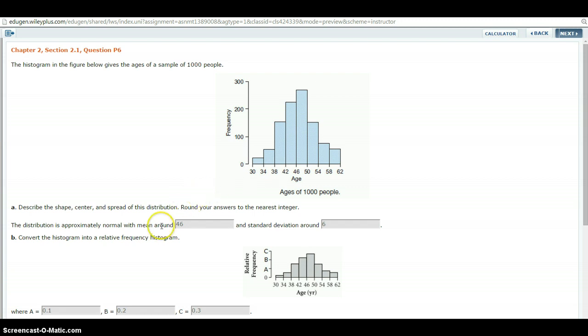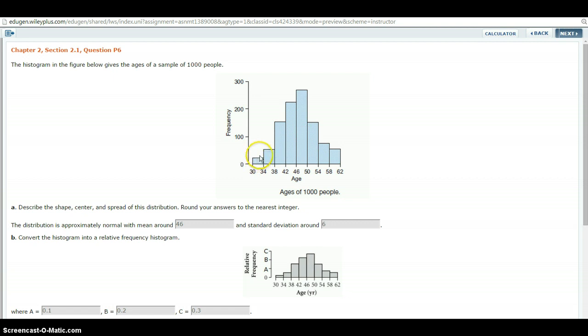Okay, so they're first asking us where the mean is. So what we're really looking for here is the center of the distribution, and you might say it's somewhere in here between 44 and 48. Seems to be about the cutoff point where you'd have the same number of people to the left and to the right. If we wanted to, we could actually estimate by saying, okay, how many people do we have here?